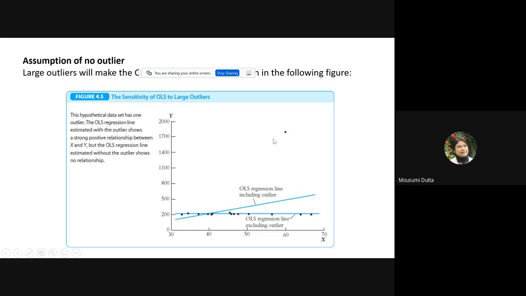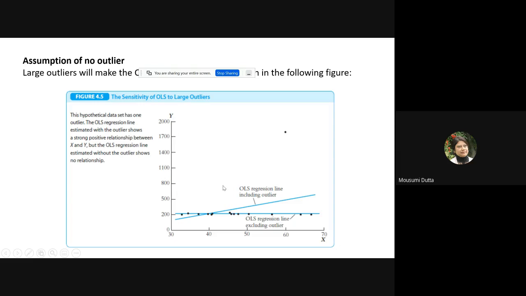These observations are called the outliers. This is not belonging to the group. Now, in a classical linear regression framework, we assume that there are no outliers. Actually, if there is an outlier, we need to remove it.